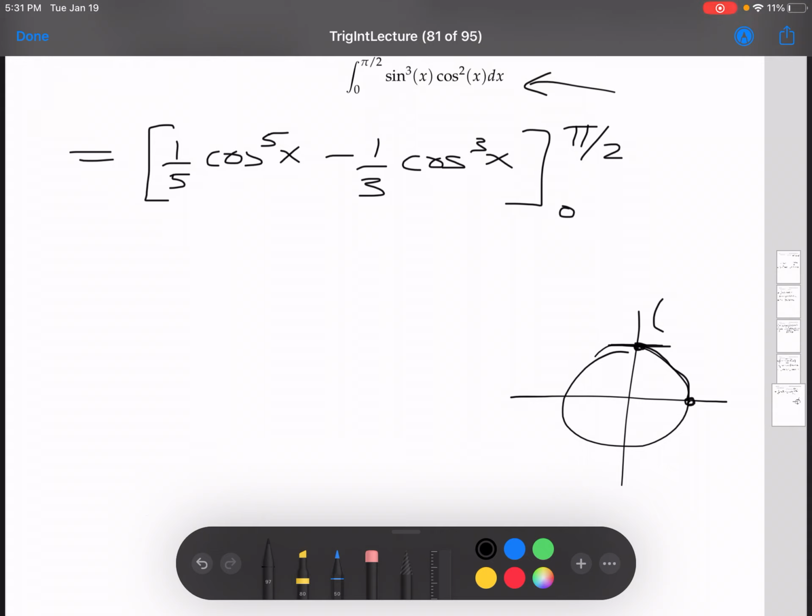So to get to this place right here, the x-coordinate is 0, the y-coordinate is 1. Where cosine is the x.